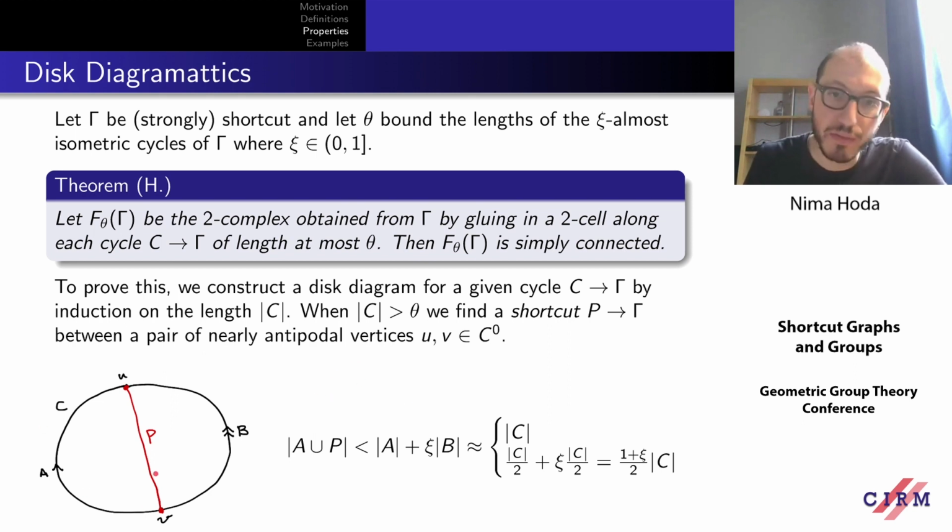By induction, we have disk diagrams for A union P and B union P, and so we can glue those together to get a disk diagram for C, and so we're done. So we see that C is null homotopic.